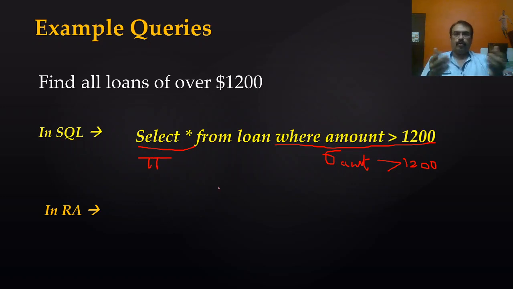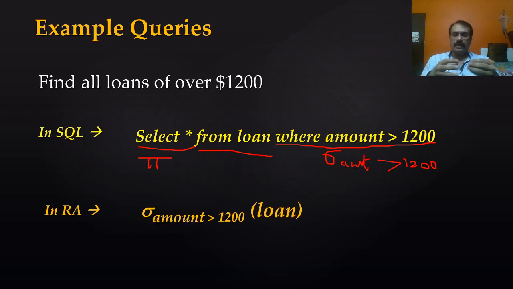The project operation is for projecting selected attributes; if we are selecting all of them, there is no need of the project operation. And from will be the name of the relation from which you want to fetch things. So its RA equivalent will be sigma amount greater than 1200 on loan. It says to select all the rows from loan which satisfy the condition that amount is greater than 1200. This is the simplest form.